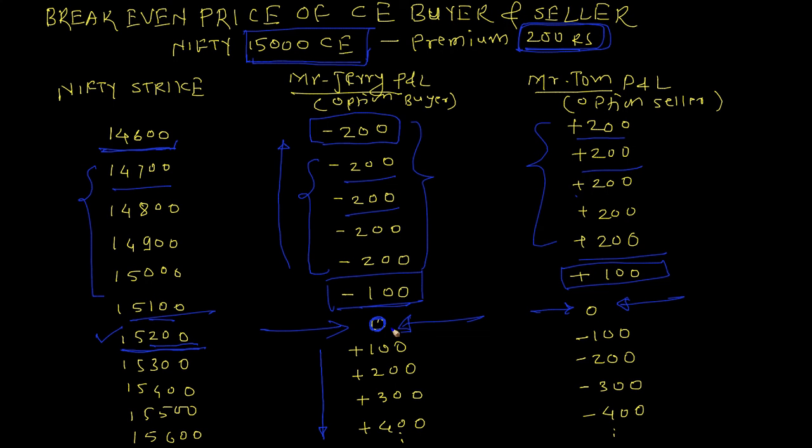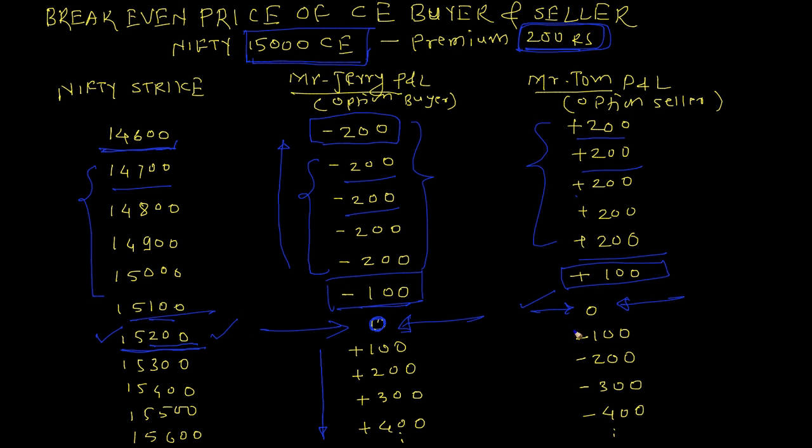Now you can see the break-even point for Mr. Jerry, the option buyer, is also 15,200, and the break-even point for Mr. Tom is also 15,200, right? That means for call option buyer and seller, the break-even point is the same, 15,200 in this case, right?